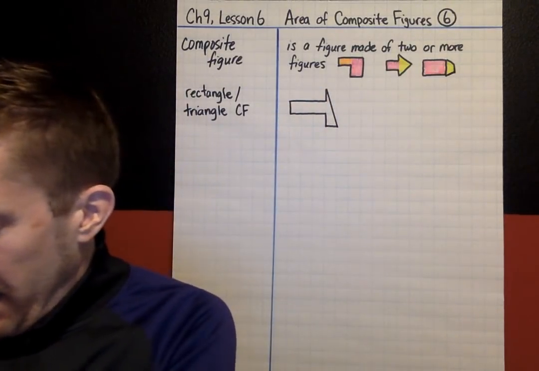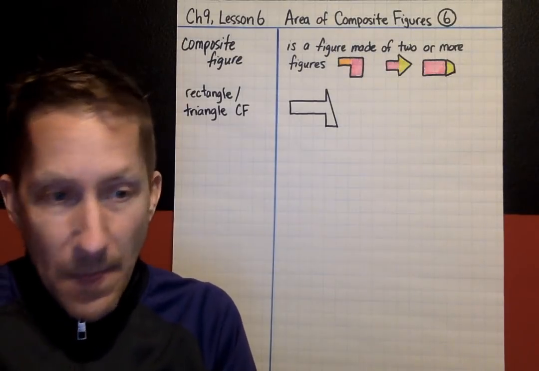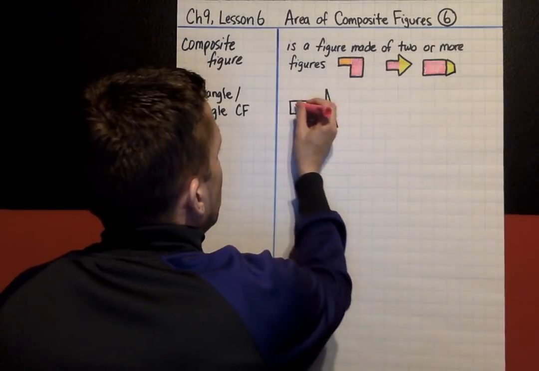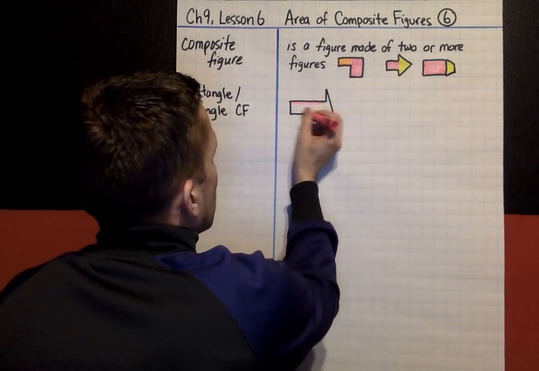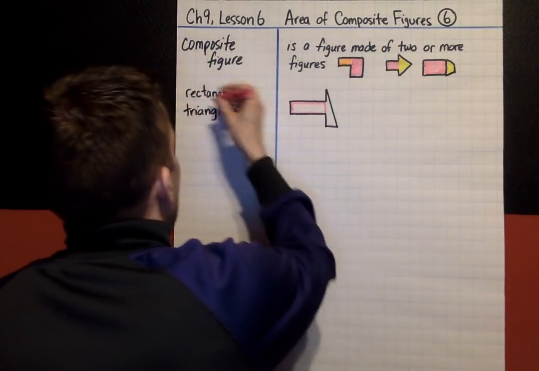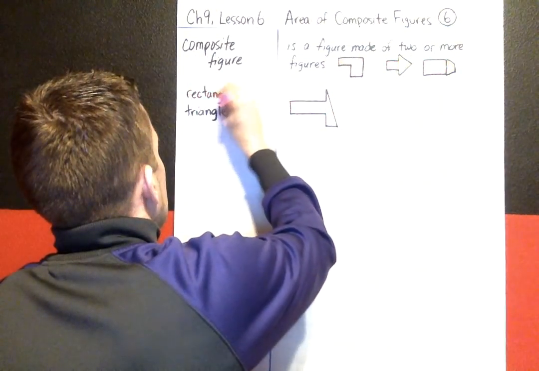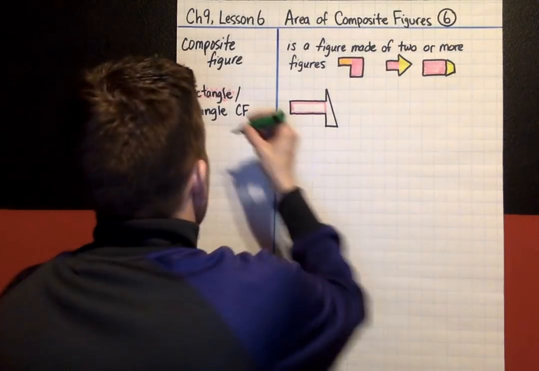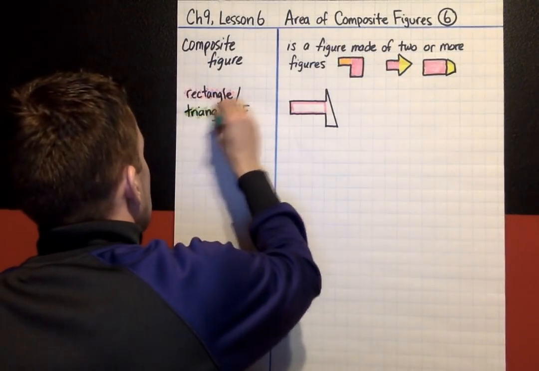So I'm going to make the triangle, let's see, here's the rectangle. So we've got a rectangle, triangle composite figure. Here is the triangle.